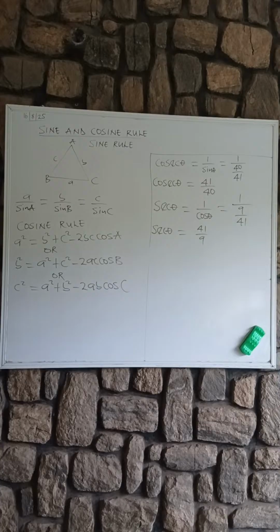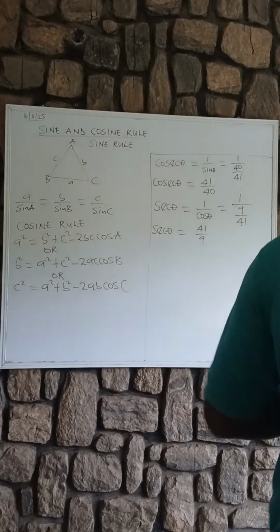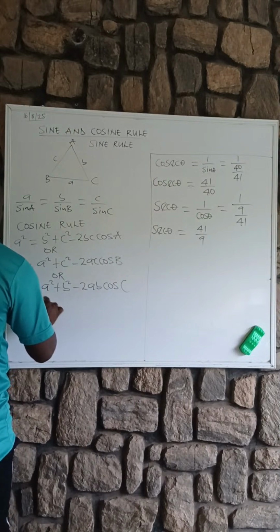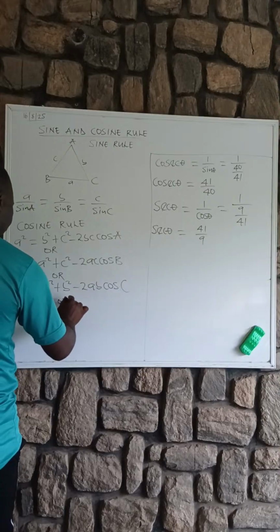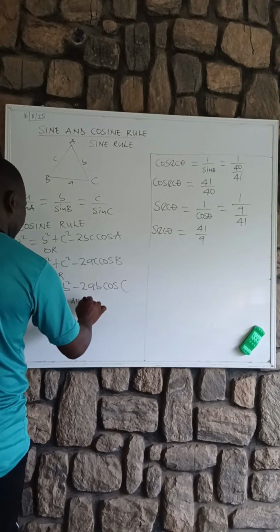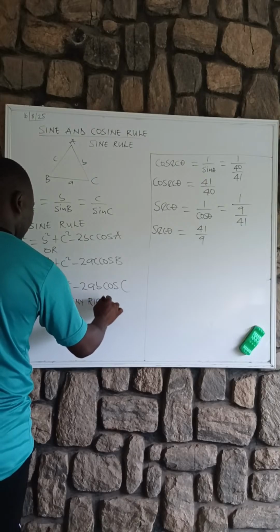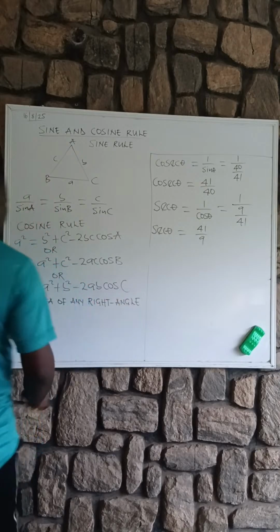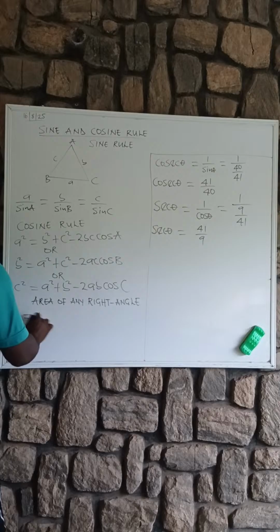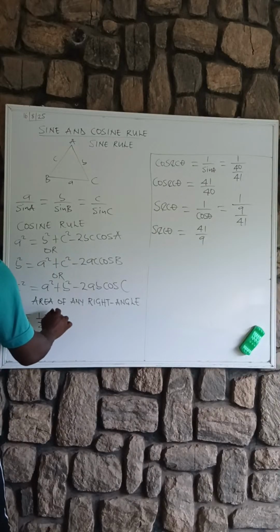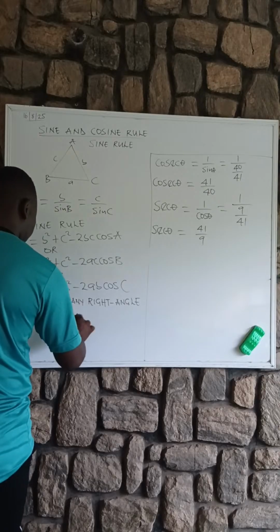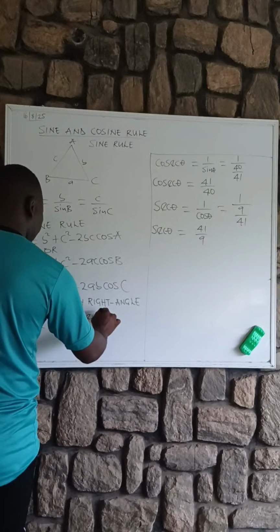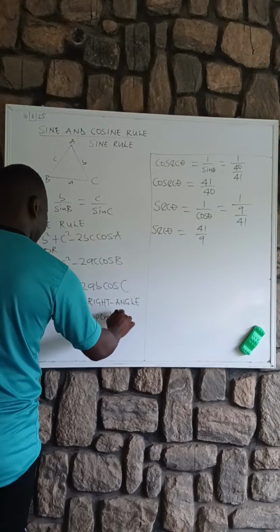Then the area of any triangle is given as half times base times, some people call it height, but perpendicular height.